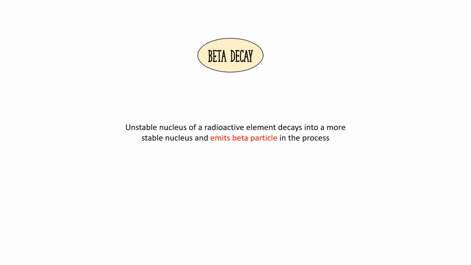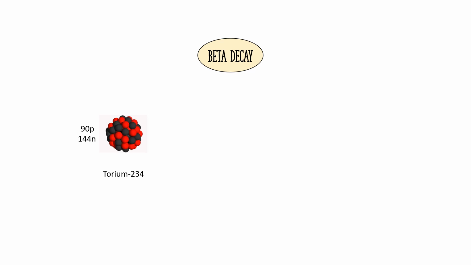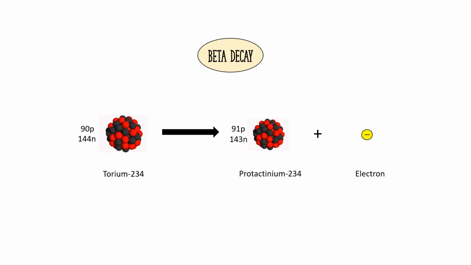Now, let's take, for example, thorium-234, which is a radioactive element with unstable nucleus. Now, the unstable nucleus of thorium-234 decays into a more stable nucleus, which gives us protactinium-234, and emits electron, which is beta particle, during the decay process.